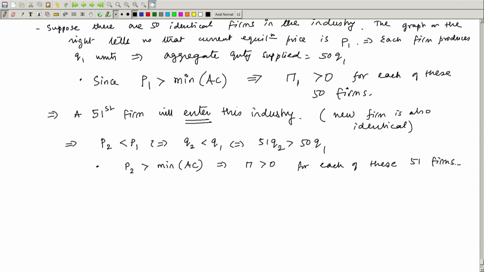A 52nd firm which has some amount of capital and which is looking to enter an industry will see that the 51 firms in this industry are earning positive profit. So, a 52nd firm will now enter.